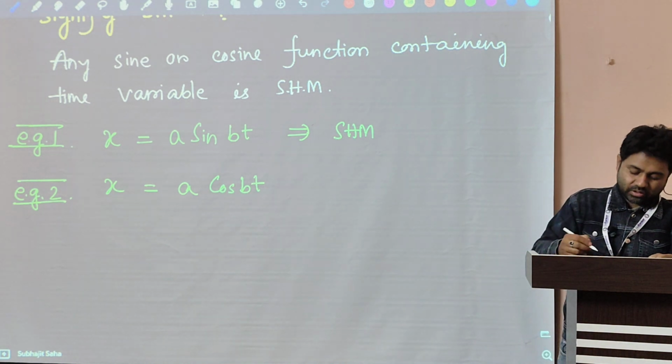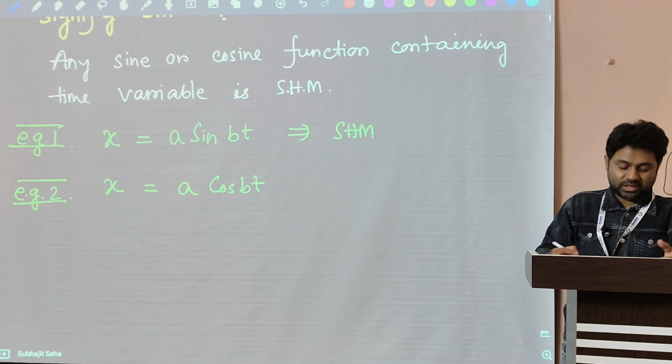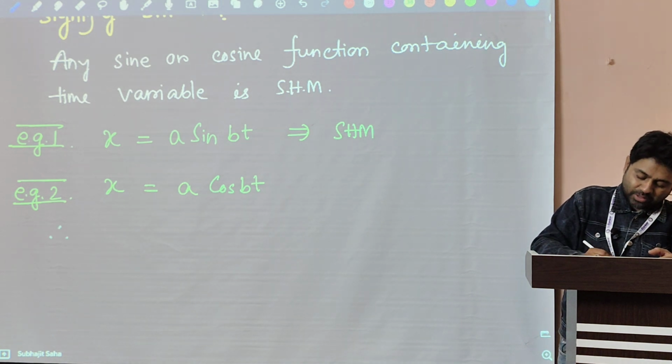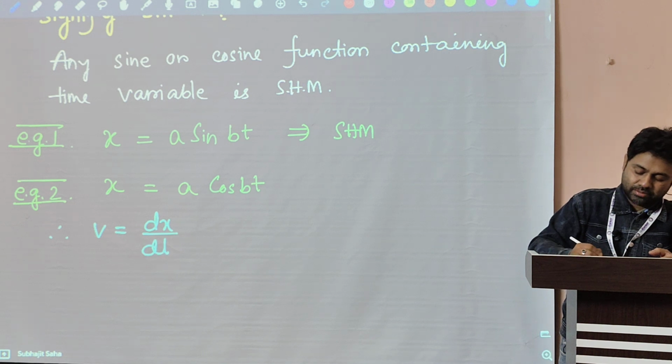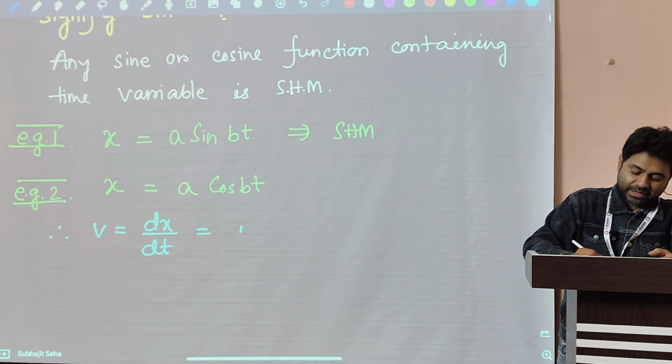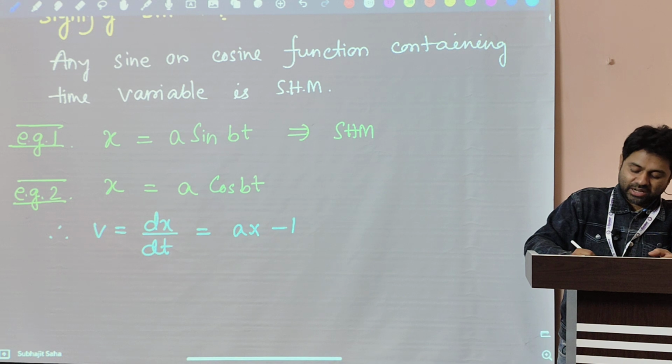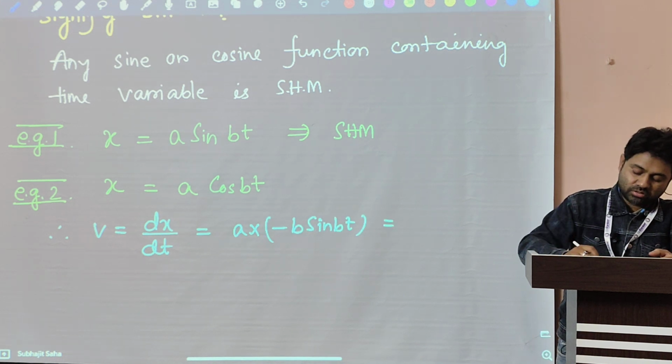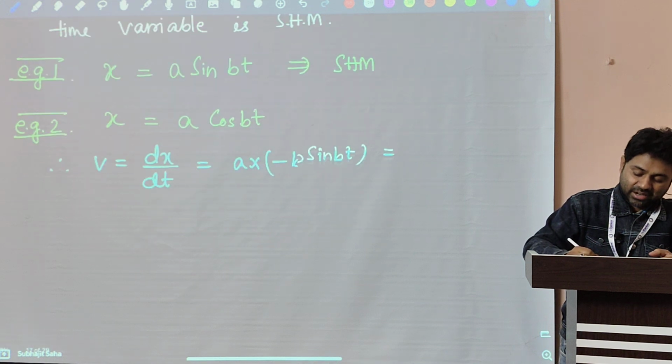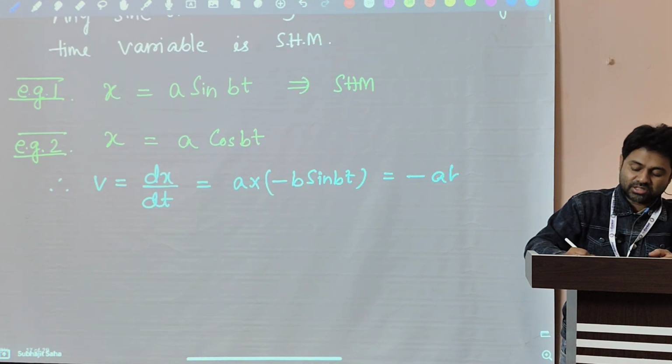Let's prove it. Suppose x is given a cos bt. What will be the velocity of the particle? dx upon dt, the derivative. There would be a times minus b sin bt. We already did it, so I'm just doing it in a running hand. Minus a b sin bt.